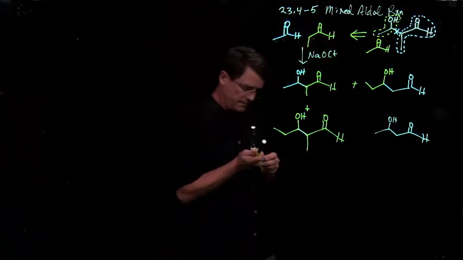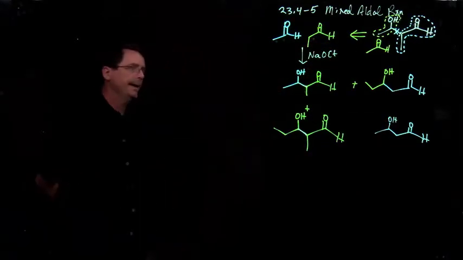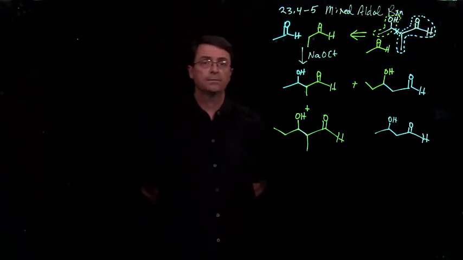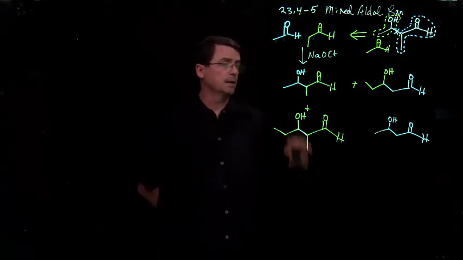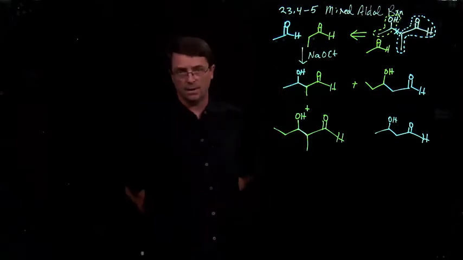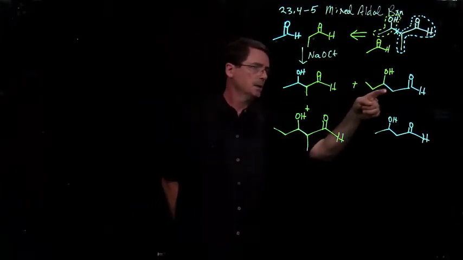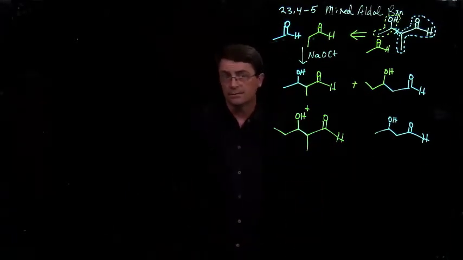And so we have four different aldol products, and of course we know now from the earlier sections these can eliminate. In fact, that's the driving force for this reaction, and produce the alkenes at each of those positions, and those would have cis and trans.